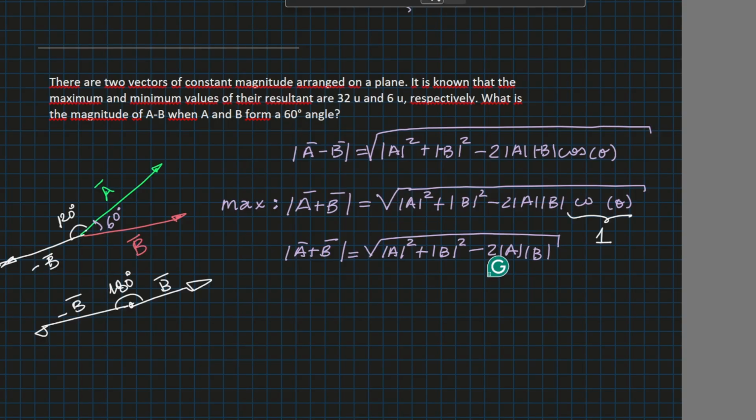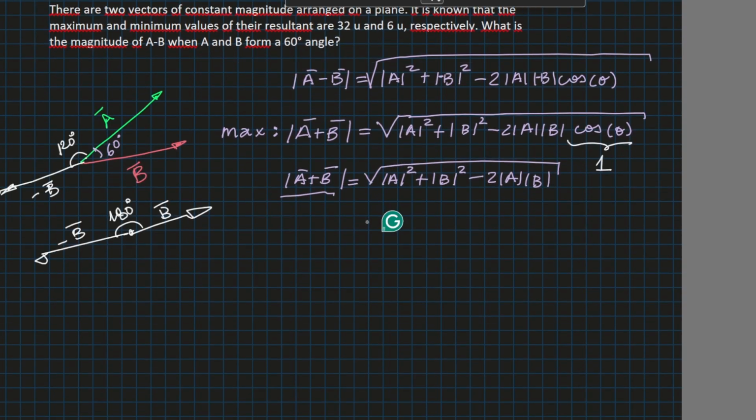For the addition to be maximum, we need to make cosine of theta 1 because it's the maximum value of the cosine.